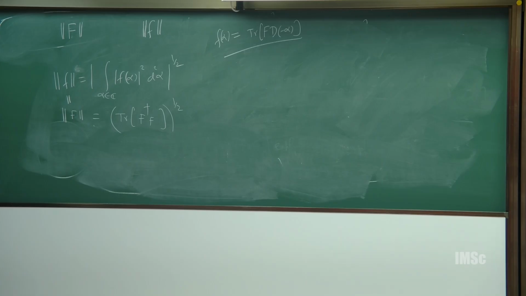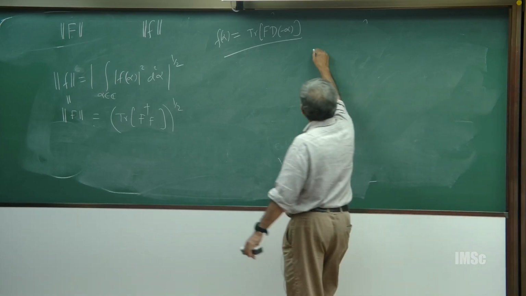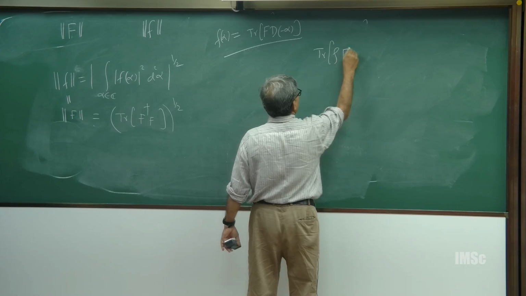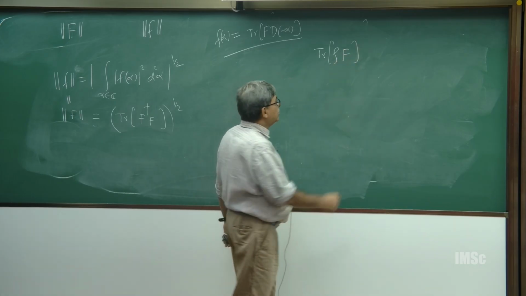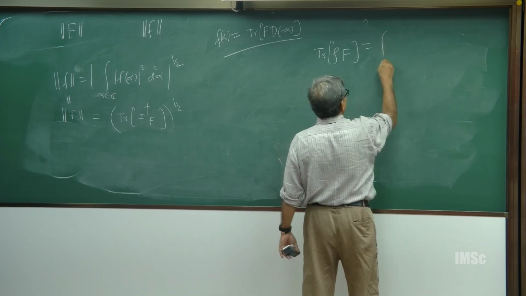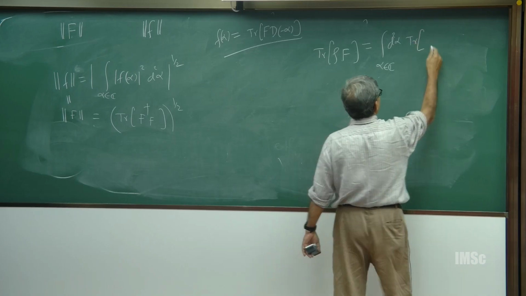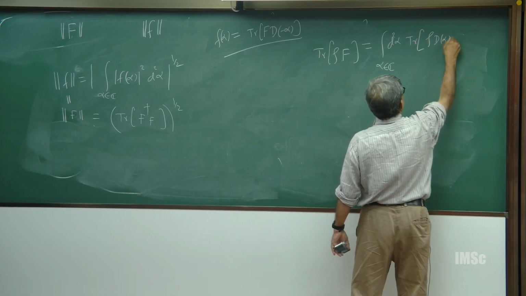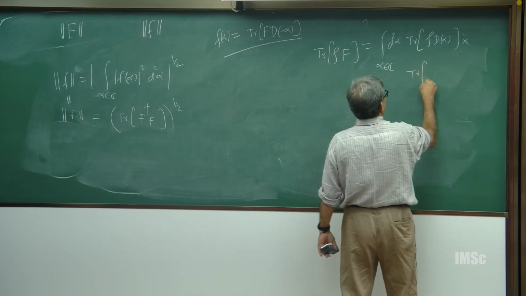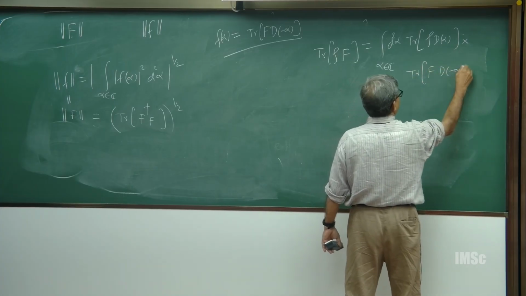Now, you can take, for example, for D alpha, normal ordering, anti-normal ordering, symmetric ordering, whatever you want to call, and correspondingly you will have to take here, and then you see that trace of rho f will be basically the integral over alpha belonging to C, d square alpha, trace of rho D alpha times trace of f D of minus alpha.